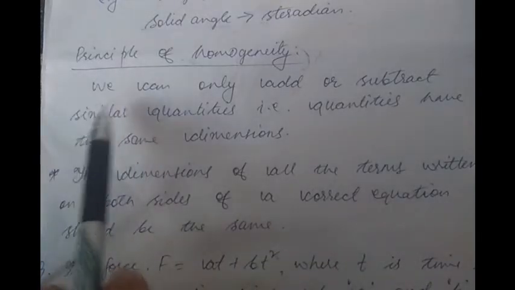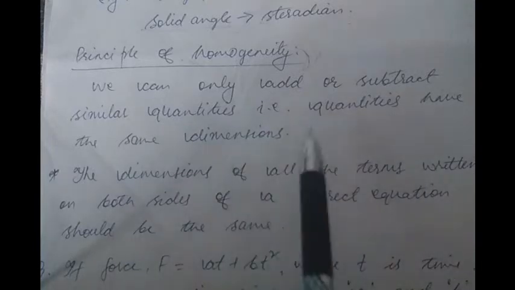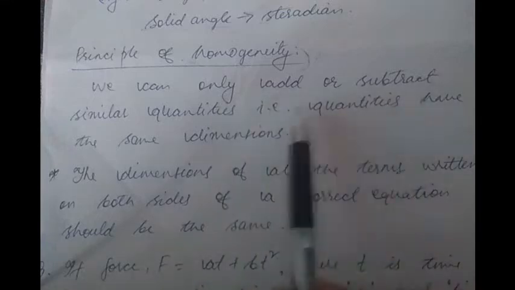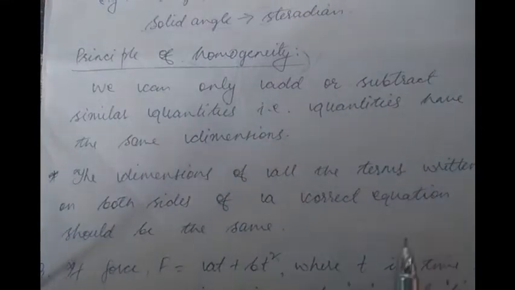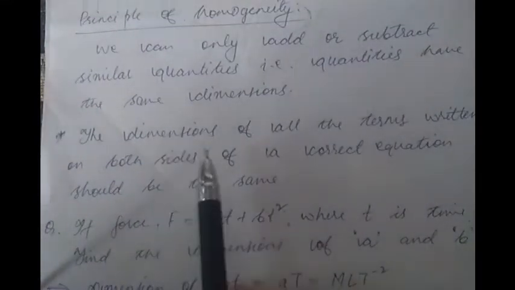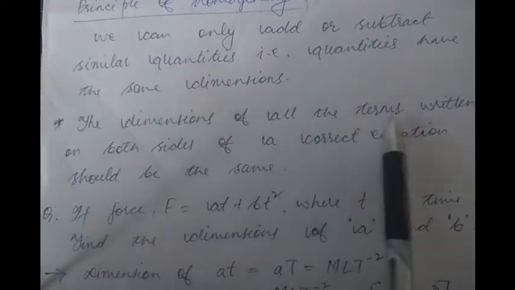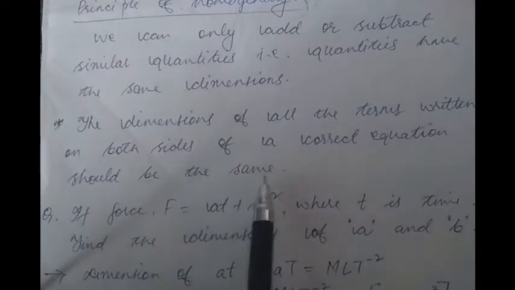So it tells us that we can only add or subtract similar quantities, that is, quantities of the same kind. To speak in terms of physics, we can only add or subtract quantities having the same dimensions. A more technical statement of this principle of homogeneity would be: the dimensions of all the terms written on both sides of a correct physical equation should be the same.